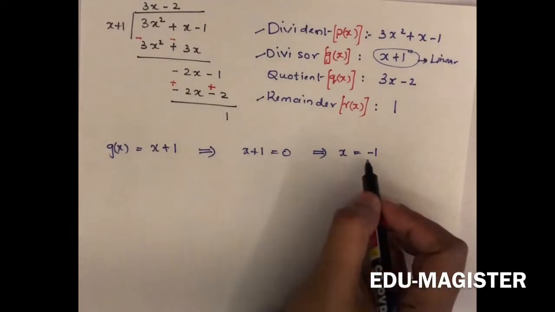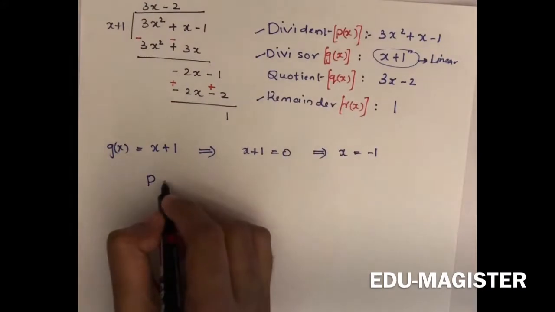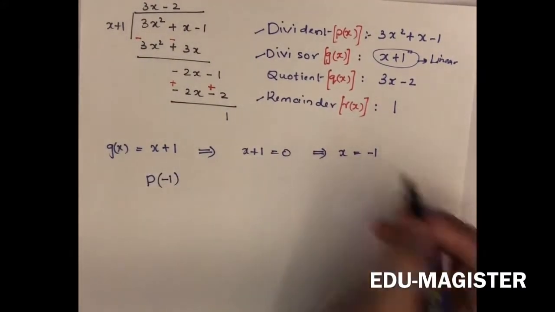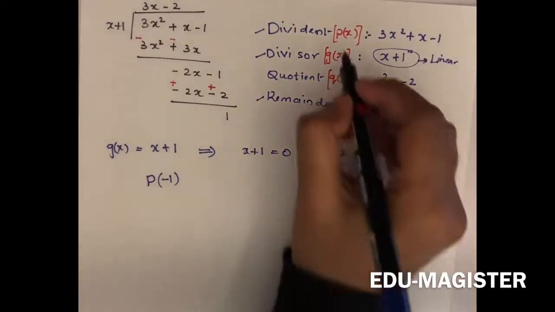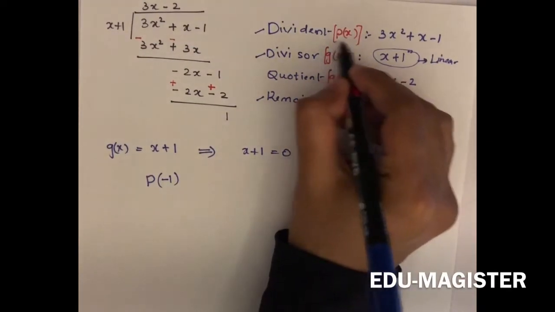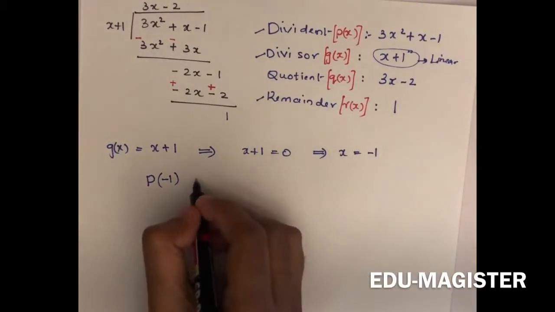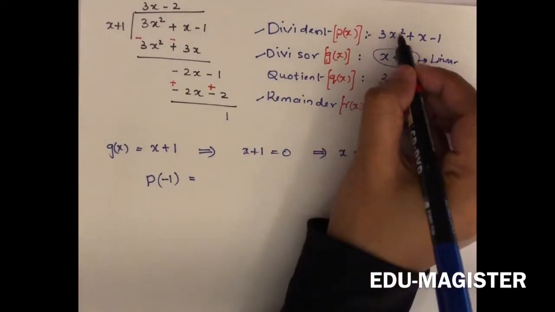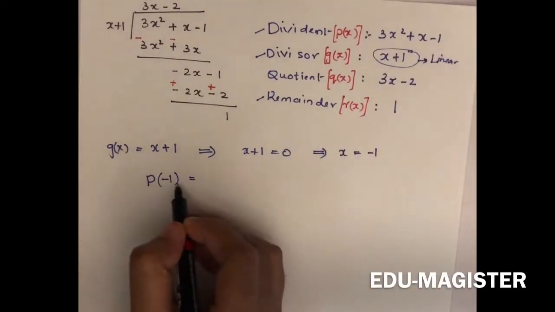Now let us find the value of the dividend polynomial at minus 1. So we found the 0 of this divisor polynomial, and then we are going to find the value of the dividend polynomial, this polynomial p of x, at minus 1. That is, instead of x in this dividend polynomial, we will substitute minus 1.